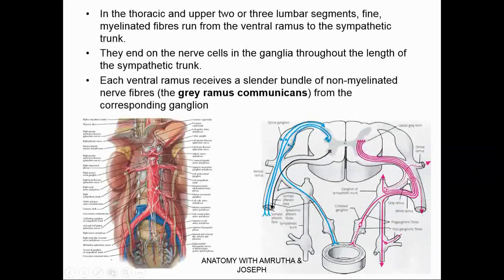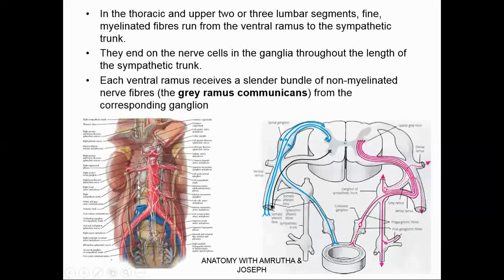Now gray rami communicants are present throughout the spinal nerves, whereas white rami communicants are seen only in the thoracic region and the upper 3 lumbar regions. Now this diagram will explain the connections of the sympathetic ganglia. This is the L3 sympathetic ganglia, related to the L3 spinal nerve, and this is the sympathetic ganglia related to the L4 spinal nerve.